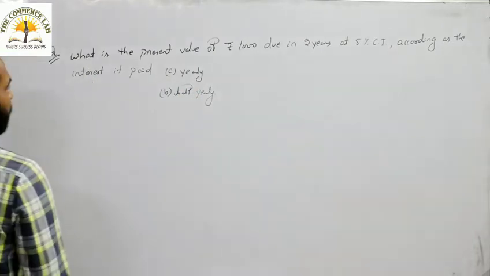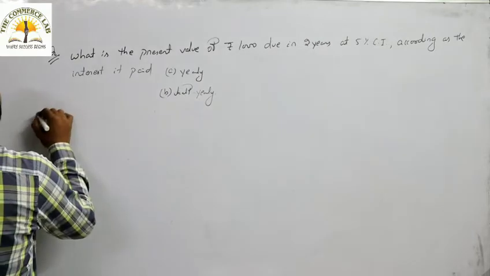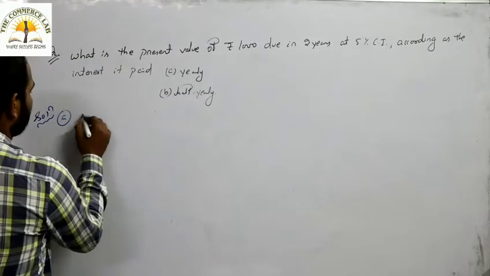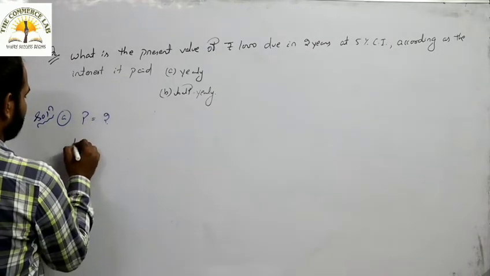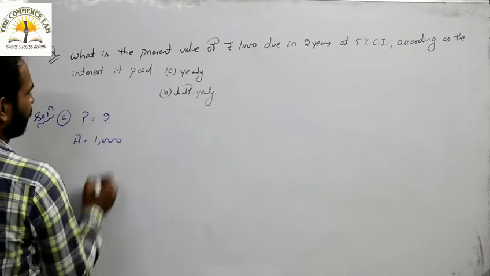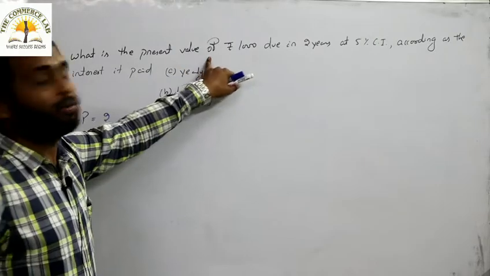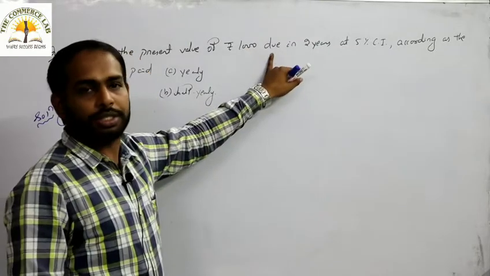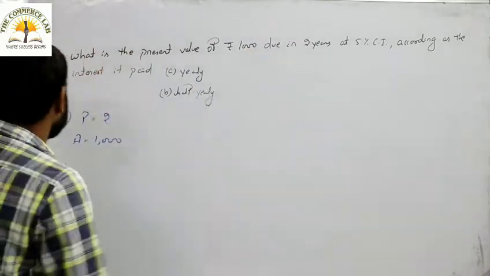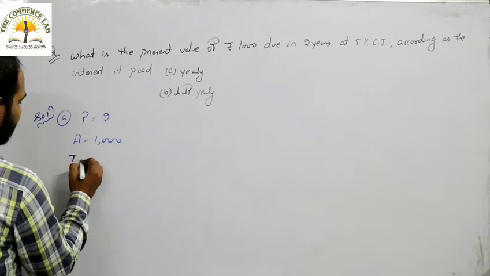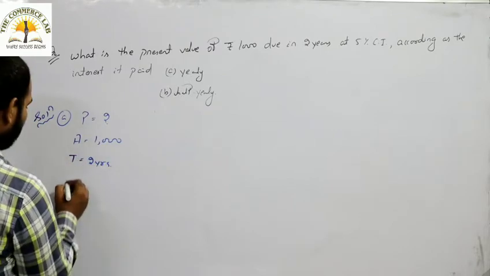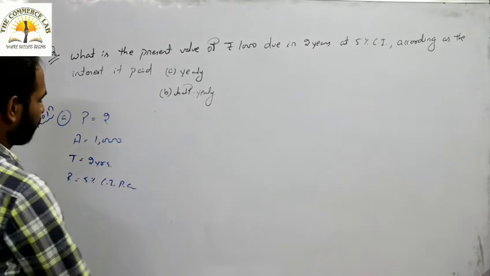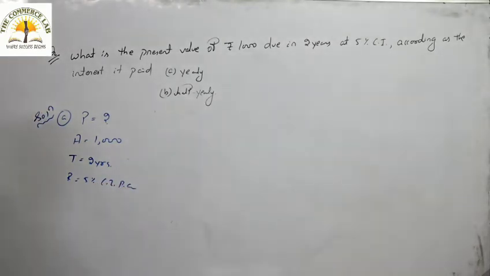So come for the solution part. Solution. First bit, we have to find out P. A is 1000, because what is the present value of 1000 rupees? That means that 1000 rupees is the amount after 2 years. So A equal to 1000, T equal to 2 years, R equal to 5%, CI per annum.